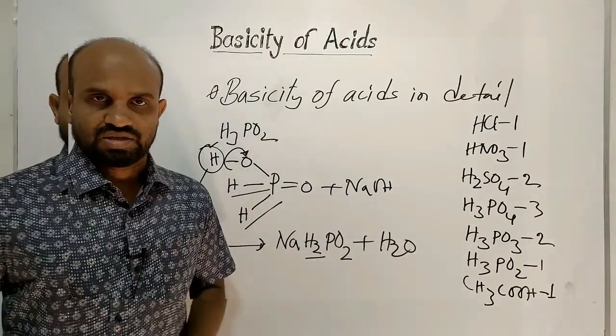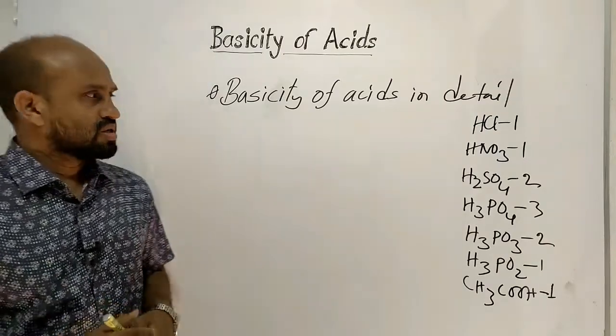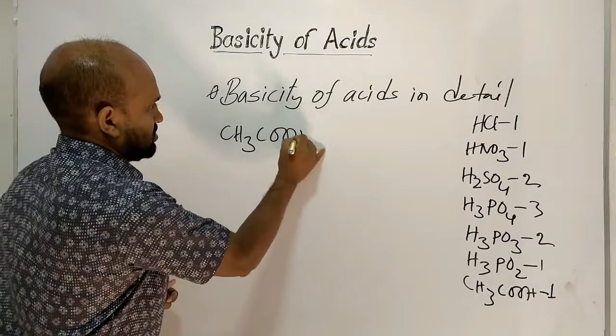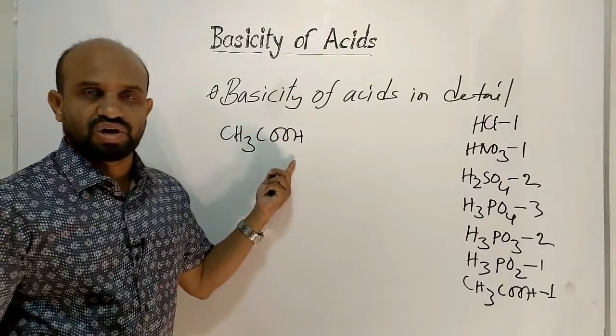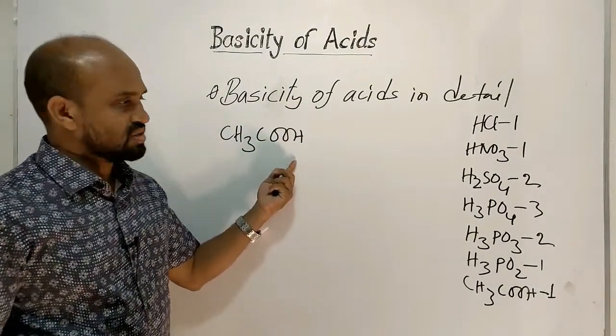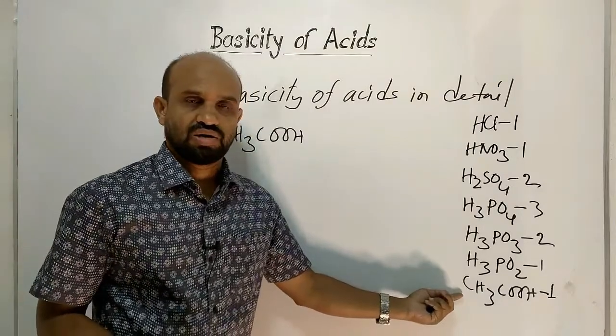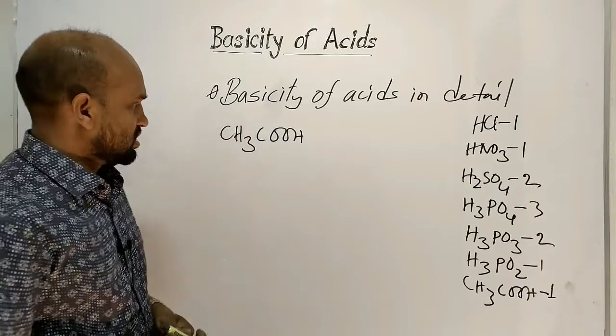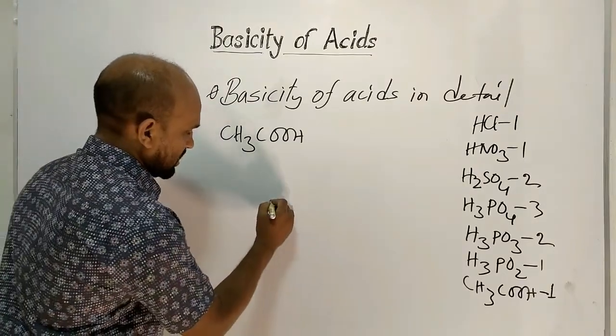Let's see another acid. Now the acid is acetic acid. It has 4 hydrogen atoms. Nevertheless, its basicity is 1. Now let's see how its basicity is 1. Let's see the structure formula of acetic acid.